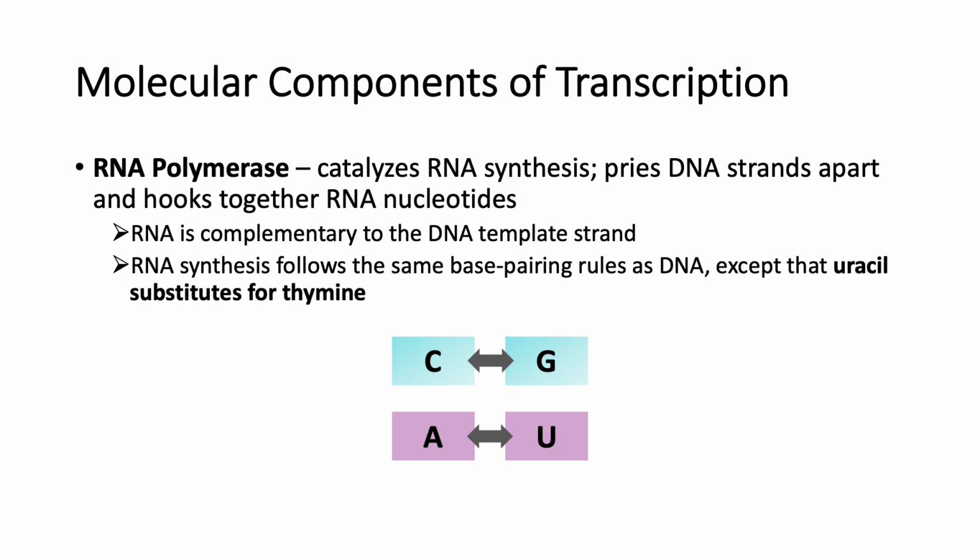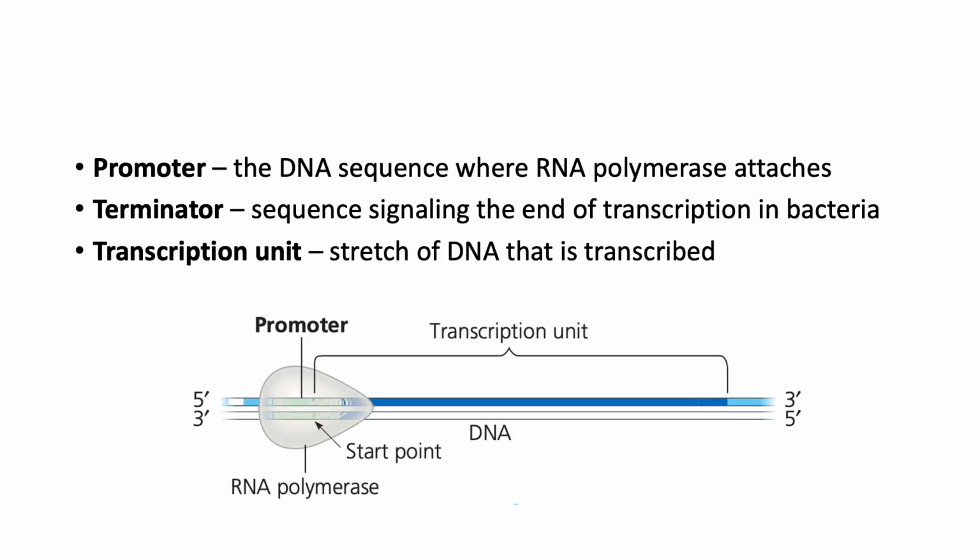Please take note that the RNA transcribed is complementary to the DNA template strand. RNA synthesis follows the same base pairing rules as DNA, except that uracil substitutes for thymine, meaning to say, cytosine binds with guanine and adenine binds with uracil.